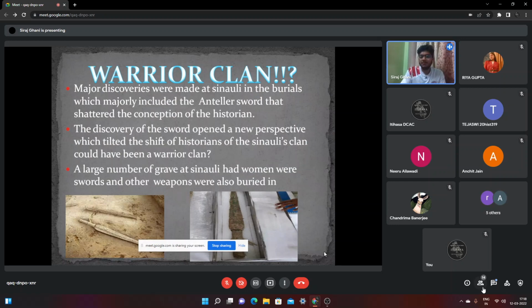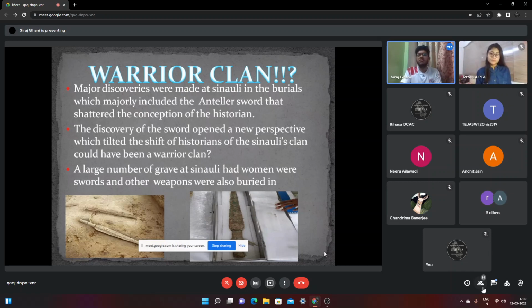There were several discoveries made in Sinoli, which included an antler sword. In Harappa also an antler sword was found, but the basic thing that was missing at the Harappan site was the hilt, which was really baffling for the historians, a conundrum: how could they have used this antler sword as a weapon or not, since at the Harappan site the hilt was missing?